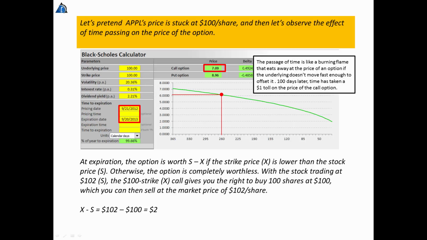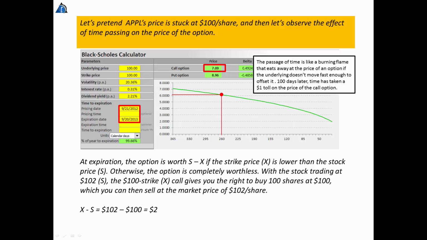The stock on that day was trading at $100. You chose to buy the $100 strike call at a price of $7.09 per share. So you really paid $709 since the call represents 100 shares of stock. And this option, of course, expires a year later on September 20th, 2013.